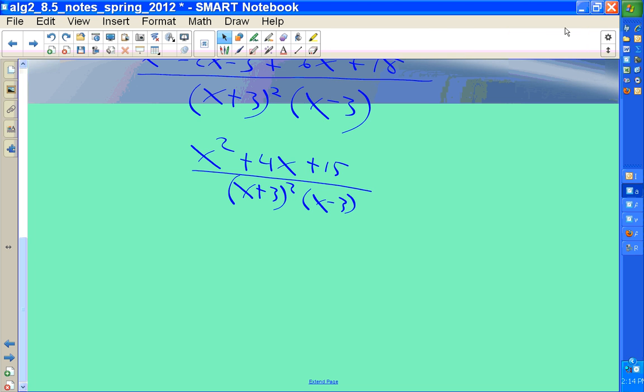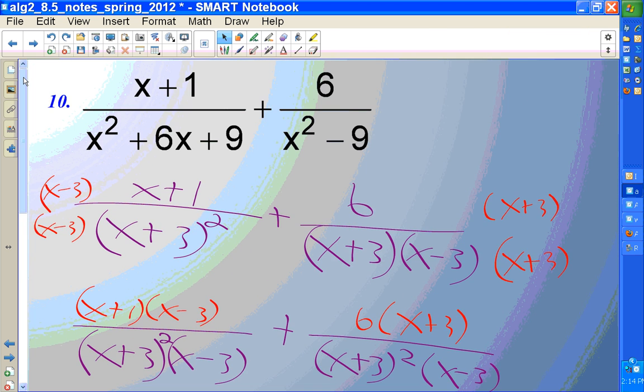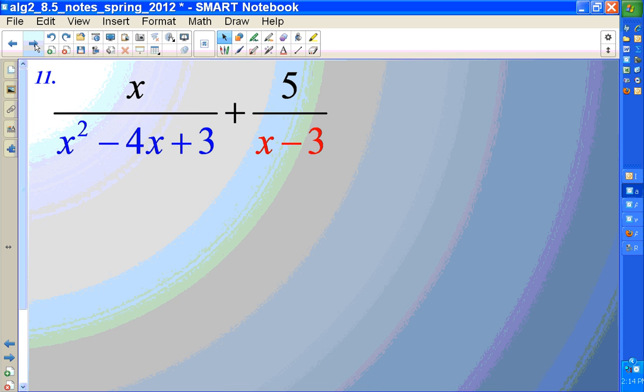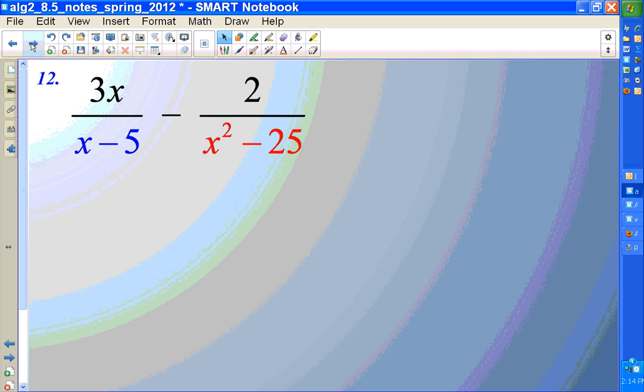So all addition all the time, when it's fraction plus fraction, life is good. You've got to be extremely careful when you get to the subtraction problems. And it just means you need to be paying attention. And it's the second numerator that you have to be careful with.